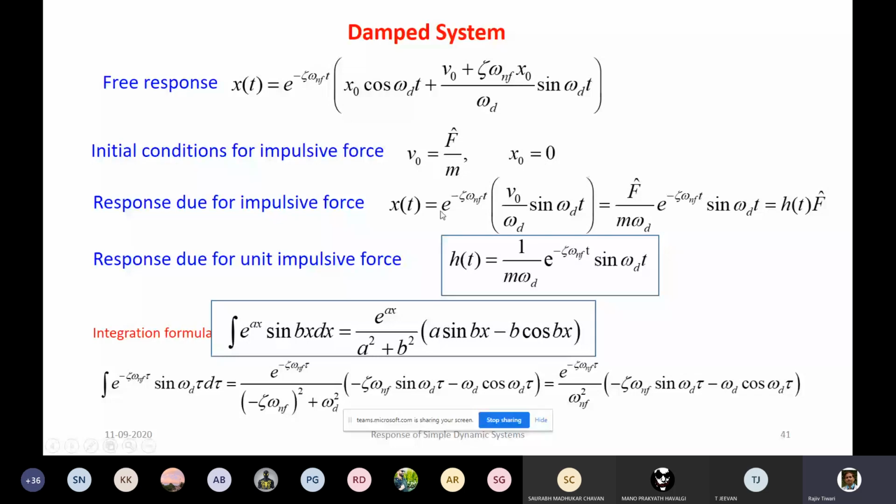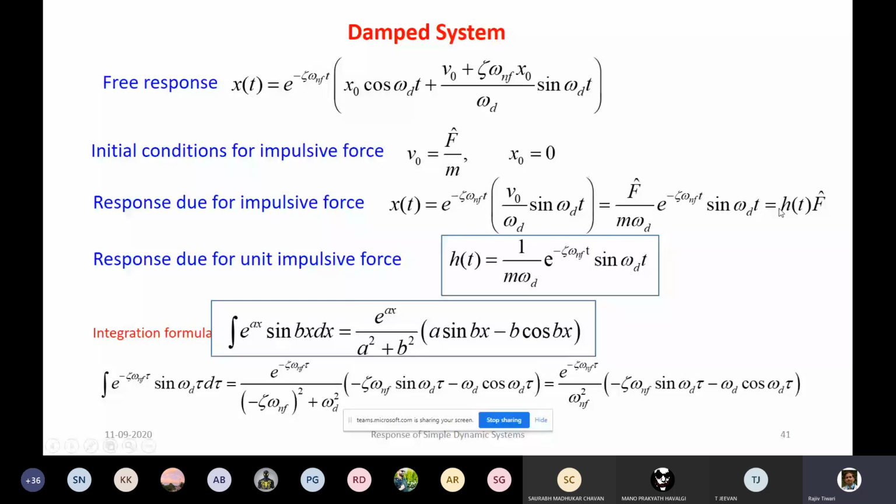So if we put this in this expression, you can see x naught is 0 means this term will go. V naught by omega will be left out. Okay, so this is the expression we are left with, and here we can put the V naught as this value, like this.